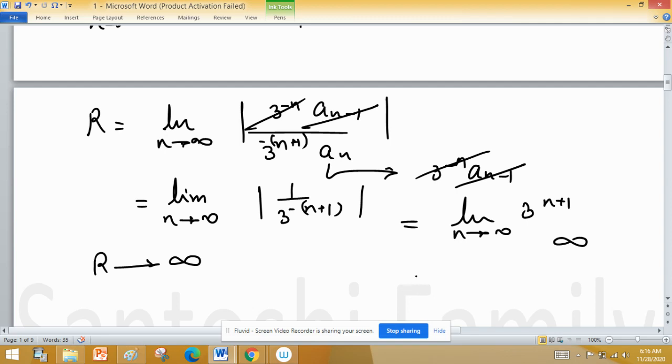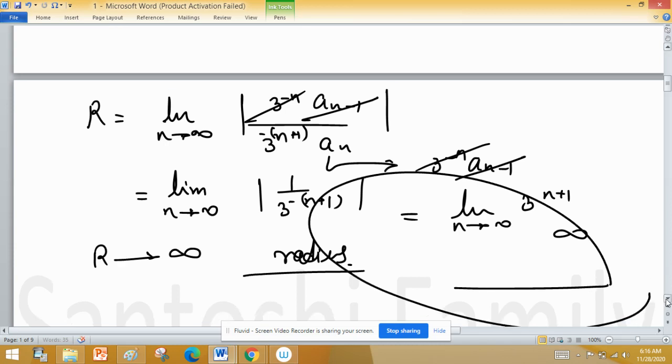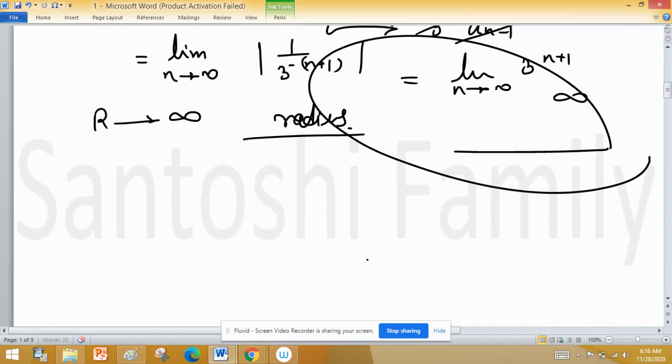I use the term radius, and a radius is never negative, but x can take negative values also. If R is this one, then I can draw a circle of this type. Suppose this is my radius, so I took only the positive value, I can't consider negative values.